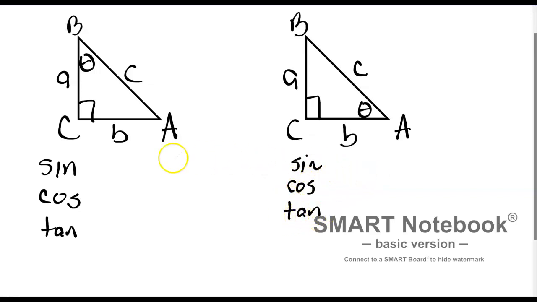Now I could put theta, but since I have two of them, it'd be better to call this theta B, or angle B. And what do you think I should call this one? A.